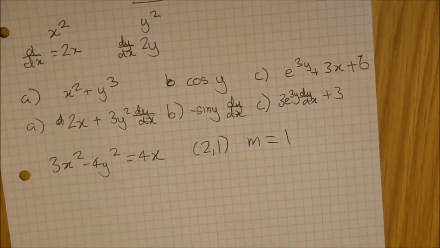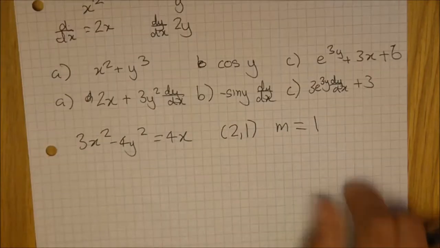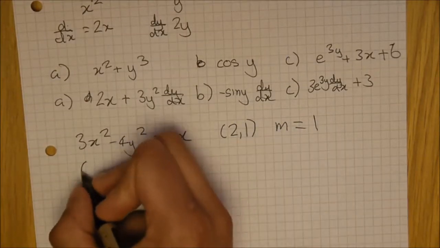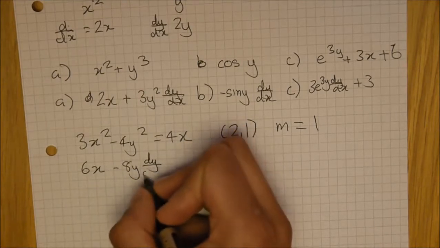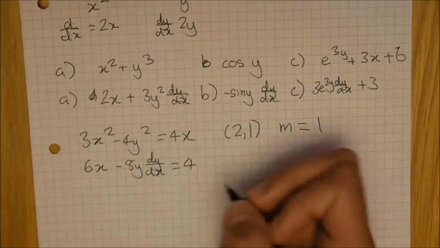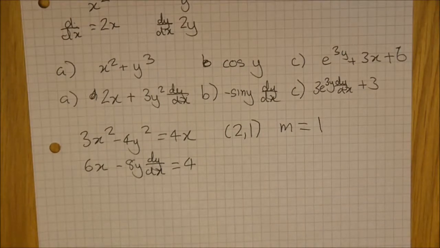Now, using what we have just learned, we're going to do 3x squared differentiated: 6x minus 8y dy/dx equals 4. Now, normally when you differentiate something you will have to do dy/dx equals. In this case, as we already have a dy/dx, all we need to do is rearrange everything and get everything over dy/dx.